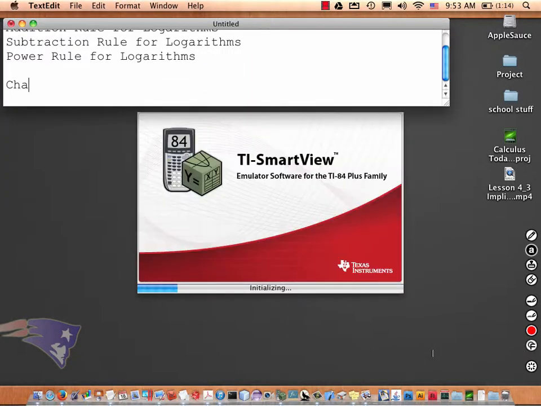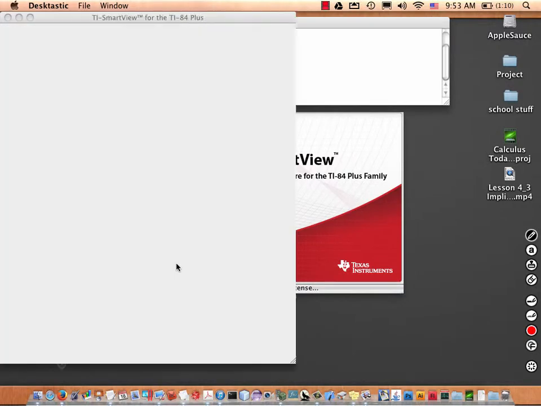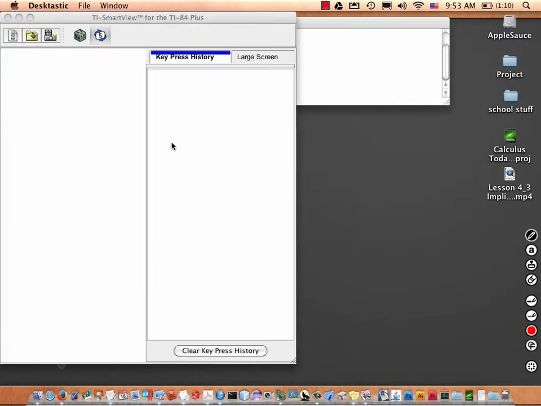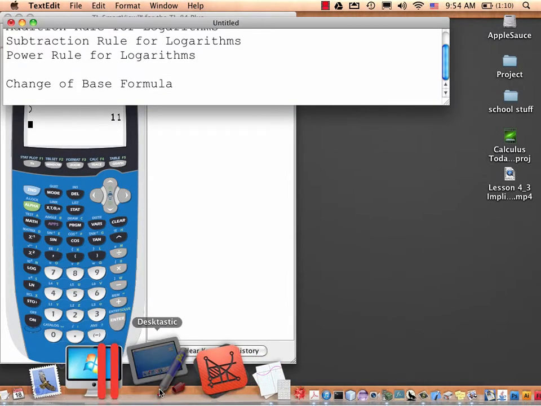Okay, let's talk about the change of base formula. If I wanted to compute the logarithm of 8 on my calculator, let me close this task again and open it up again.